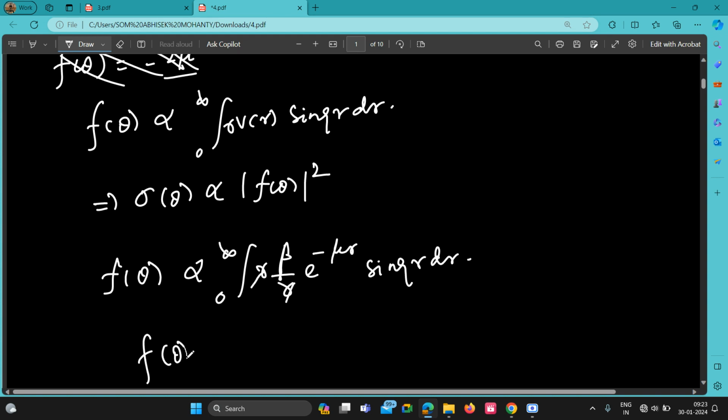So f(θ) is proportional to β times the integral from 0 to infinity of e^(−μr) sin(qr) dr. Is that all right?